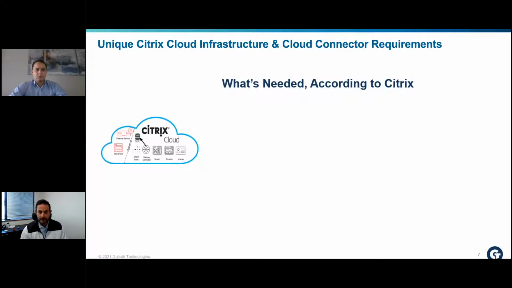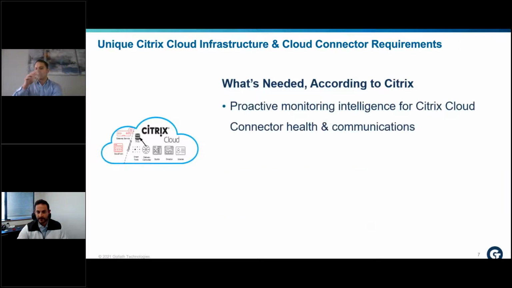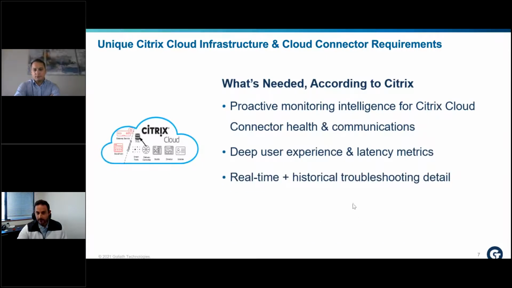So what do you need to be able to effectively monitor your Citrix Cloud environment? It's really a purpose-built, proactive monitoring technology that's going to be able to give you both real-time and historic user experience metrics, provide monitoring and advanced warning around the health of not only your on-premise environment, but your cloud connector and the communication of that cloud connector with the control plane that is in Citrix Cloud being managed by Citrix.